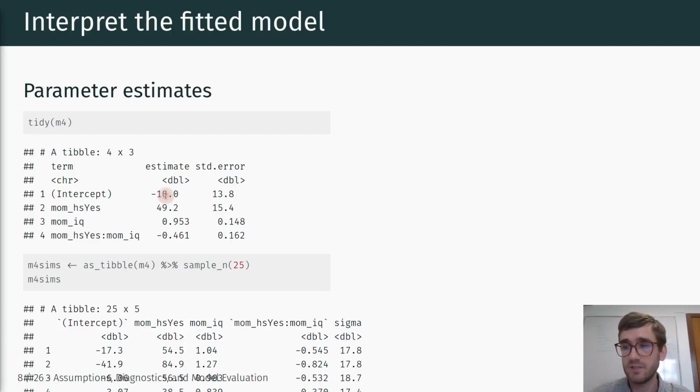Similarly, the intercept indicates the expected test score of the child if the mother's IQ is equal to 0. And of course, there's no observation with an IQ of 0.